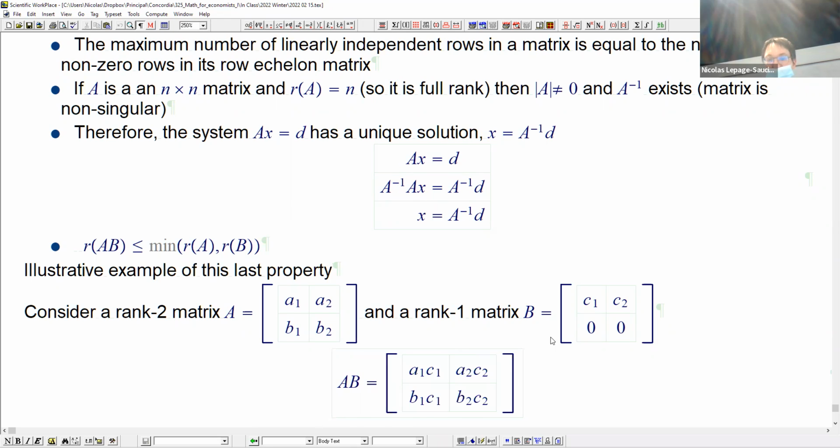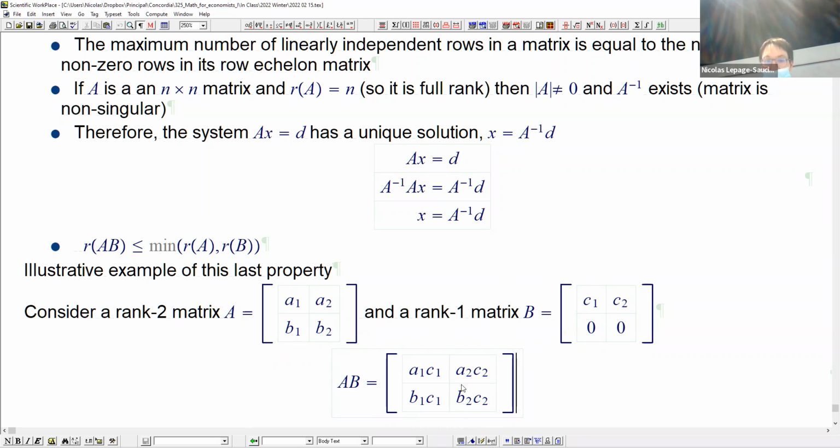And obviously what you see is that if you look at the columns, for instance, then it's just A1 B1 times one coefficient, and this is A2 B2 times another coefficient. So that's A1 C1, A2 B1 C1.